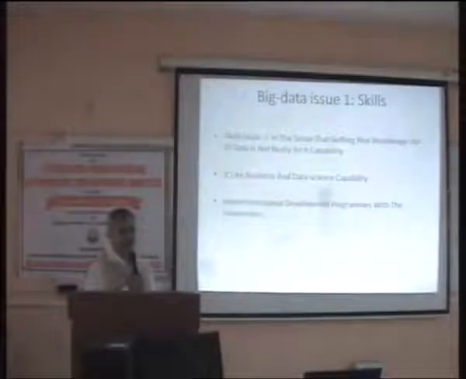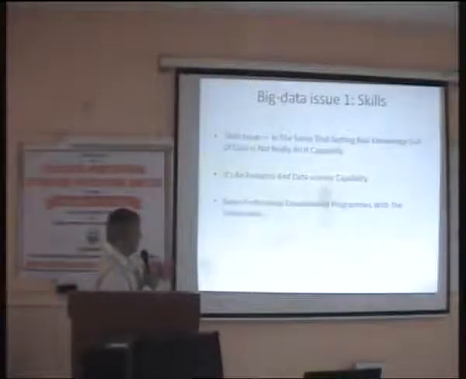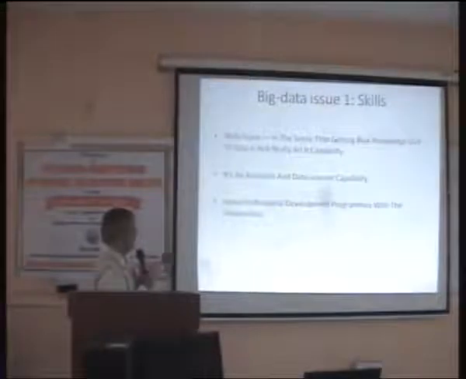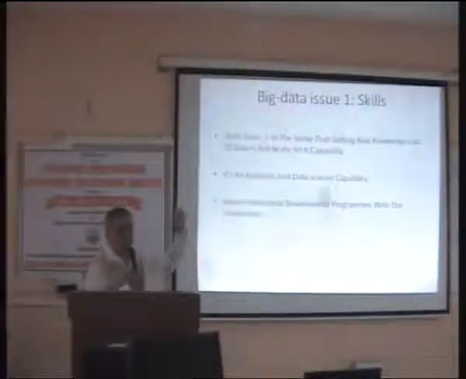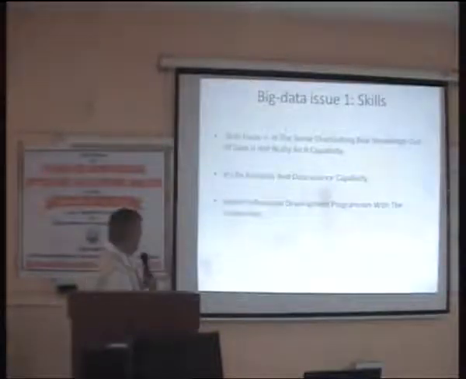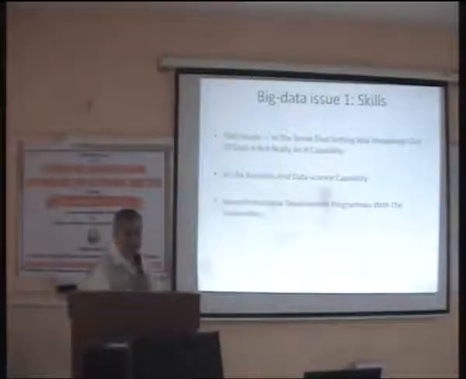But the human mind is going to play the role to extract that knowledge, to deal with uncertainty. All those things are done by the human mind. It's not possible without human intervention. So it's analytics and data science capability which is required today.